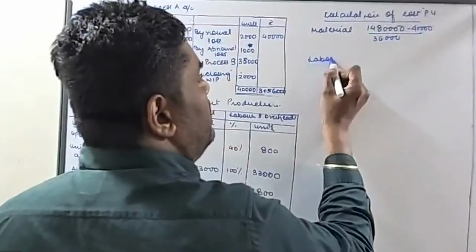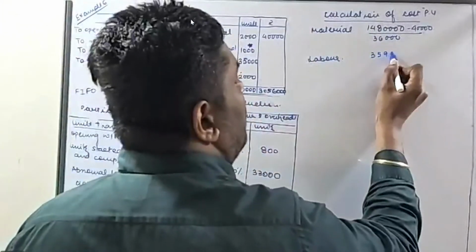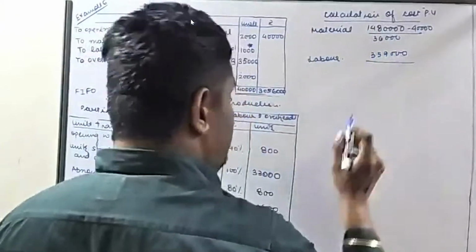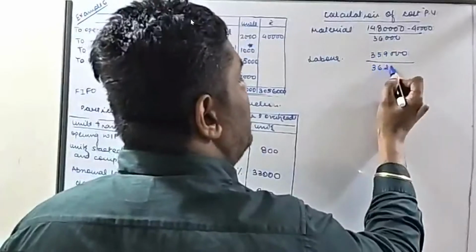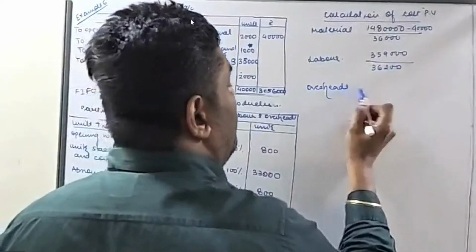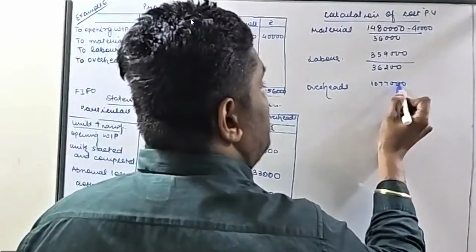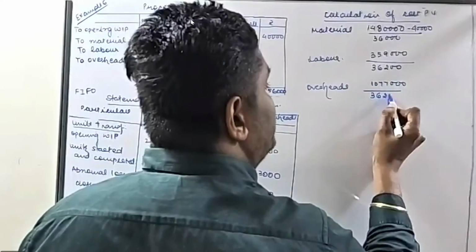Similarly, for labor, it will be 3,59,000 divided by 36,200. For overheads also, it is 10,77,000 divided by 36,200.